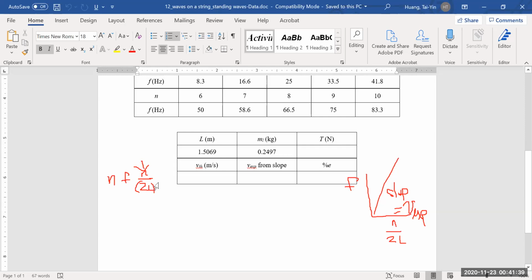Again, you should use Excel to do the N over 2L. That will be much easier. I do not want you to key it into the calculator to find N over 2L. All right, so that's basically what you want to do.